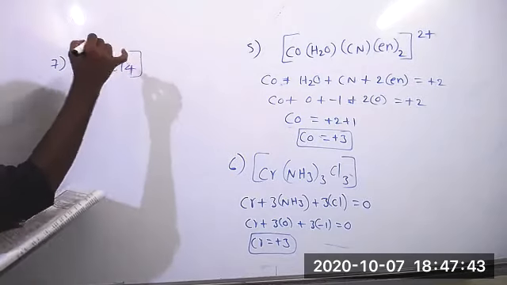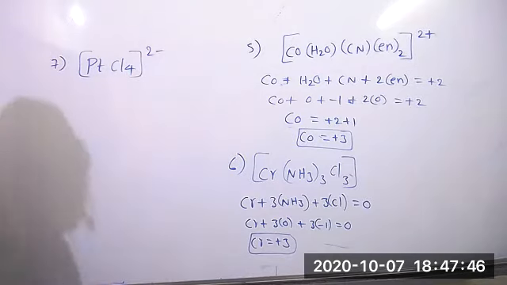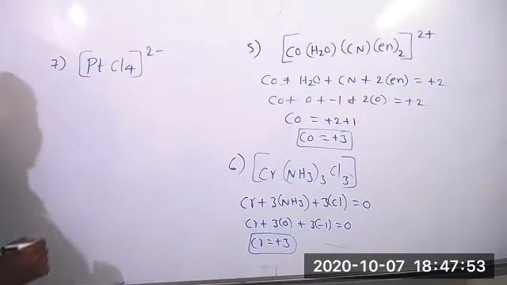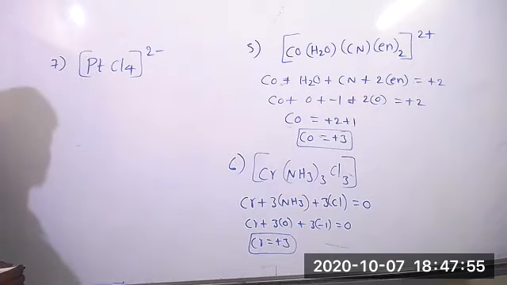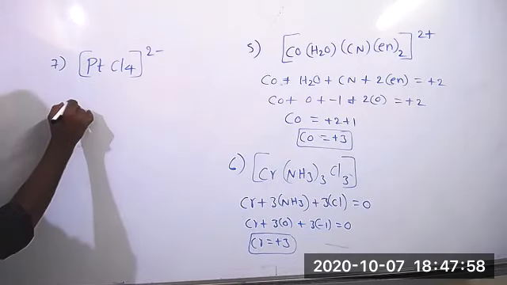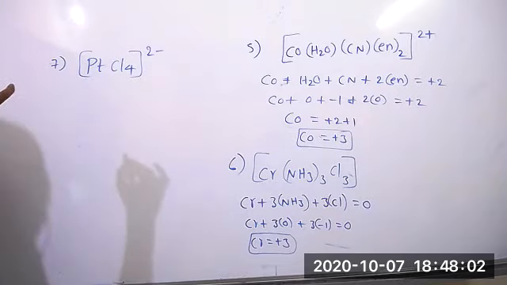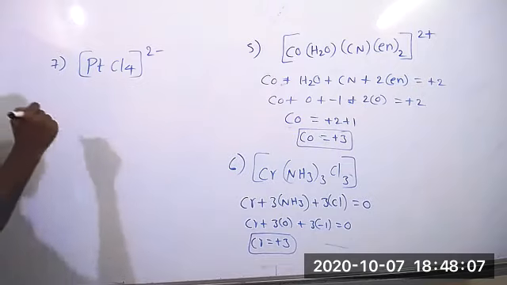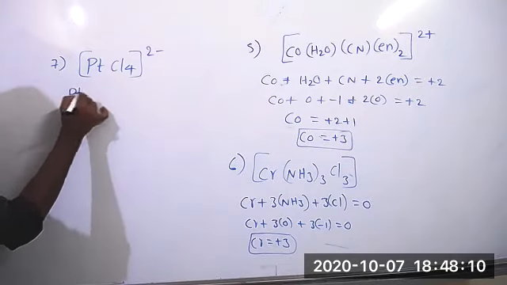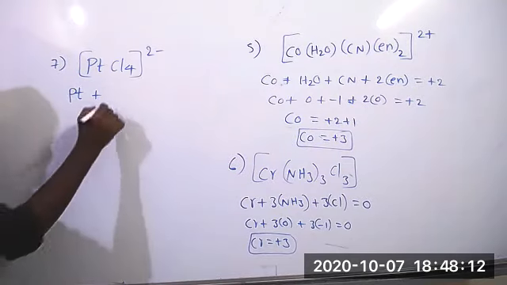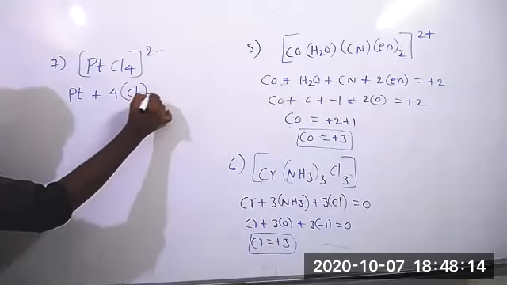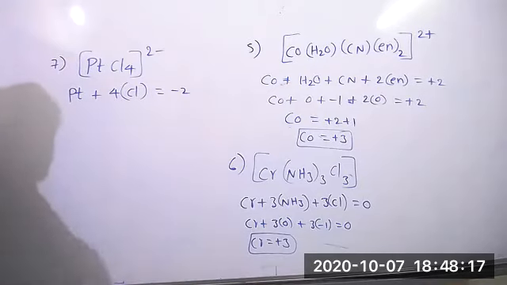PtCl4 2 minus. Platinum plus 4 chlorine atoms equal to -2.